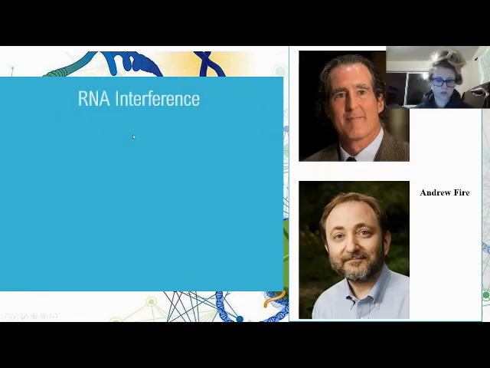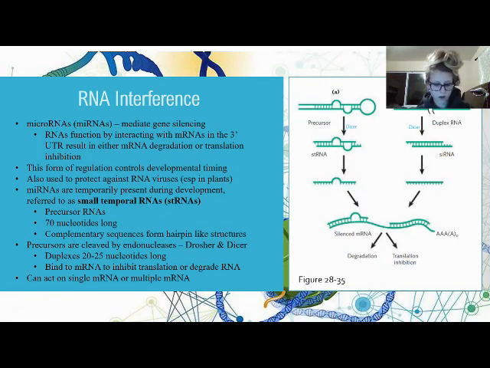So post-transcriptional gene silencing is mediated by RNA interference, a process that was first established by Craig Mello and Andrew Fire. In eukaryotes, small RNAs or microRNAs or miRNAs mediate gene silencing. They function by interacting with mRNAs in the 3' UTR region, which results in either mRNA degradation or translation inhibition.